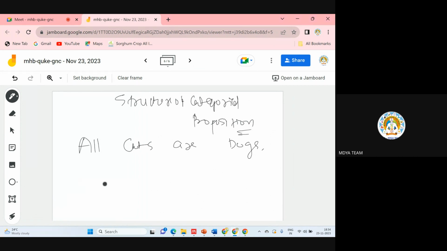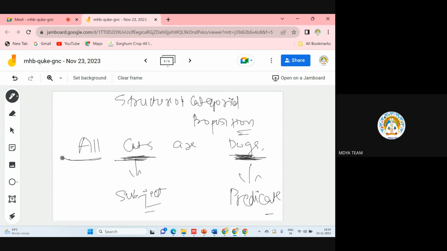The first category that is mentioned in your statement is known as the subject, same as in your English grammar. And the other will be known as the predicate. First category is your subject, other category is your predicate.